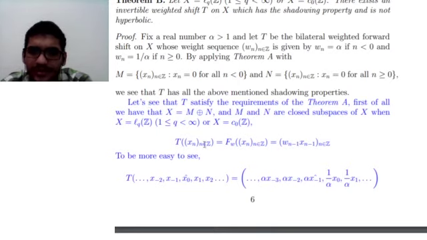Okay, we have that T is a forward shift, so it is defined by this. To be more easy to see, I put it this way. I put a hat on the 0 coordinate, so you have the hat, and this is a shift forward of a forward shift, but with the weight sequence.